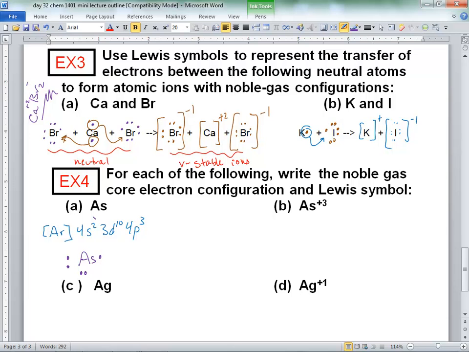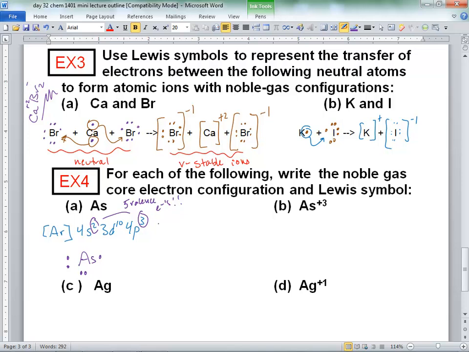So here's where they're coming from. There's 2 here, and there's 3 there. There's 5 valence electrons. So it doesn't matter where you put the dots, right? If you make it symmetric, it'll help you later on.